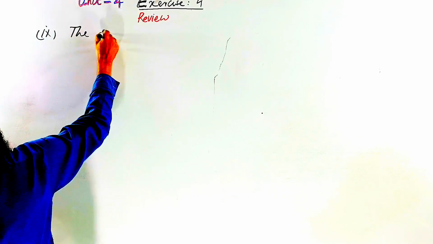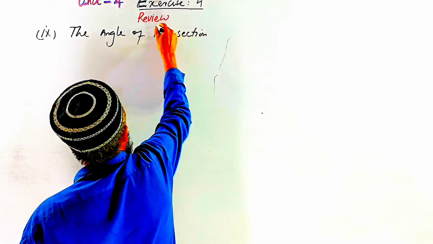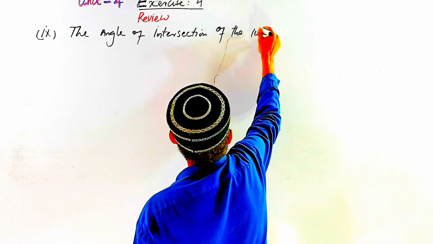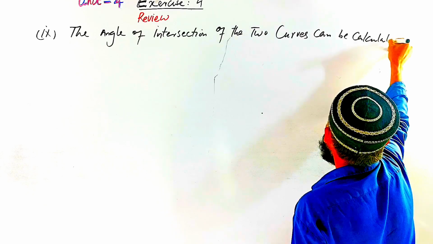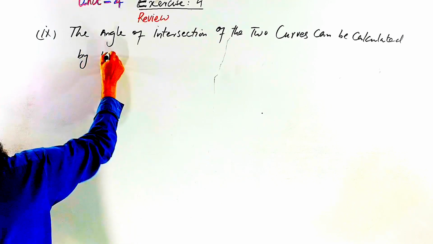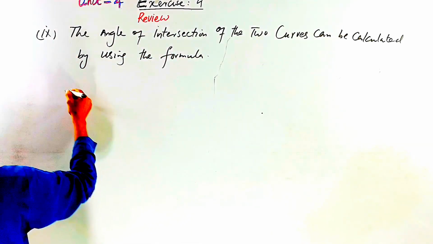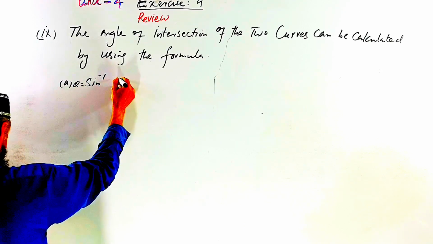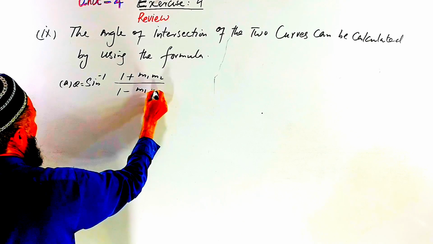The angle of intersection of the two curves can be calculated by using a formula. Option A: sine theta is equal to sine inverse of 1 plus m1 m2 divided by 1 minus m1 m2.